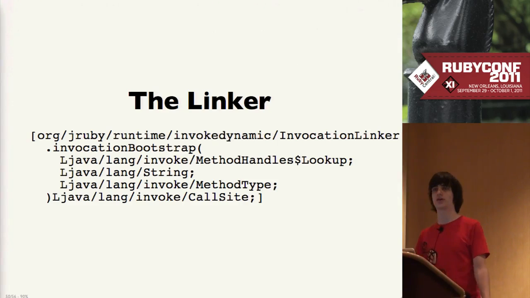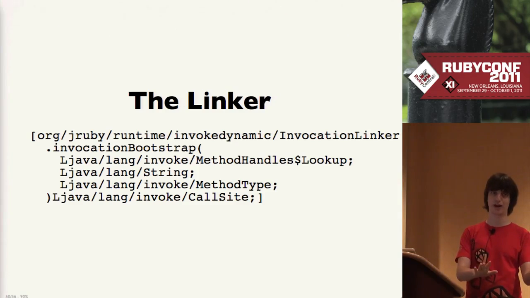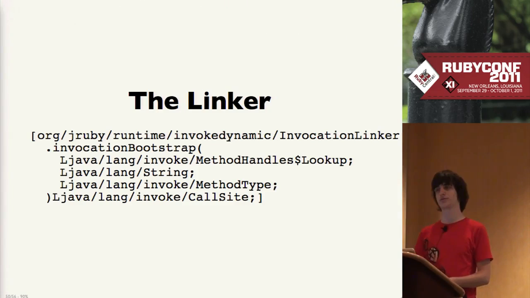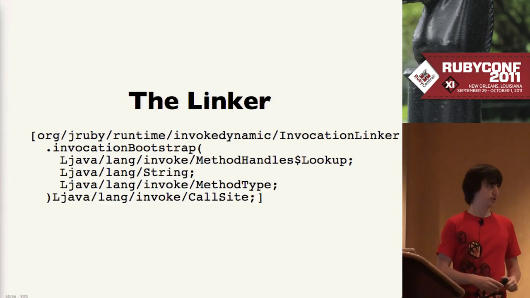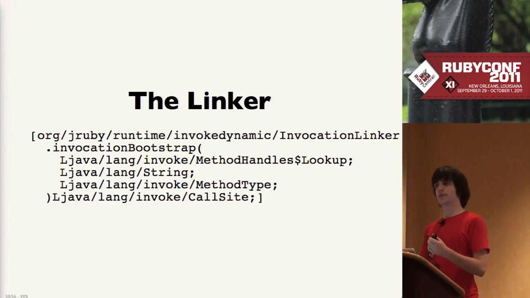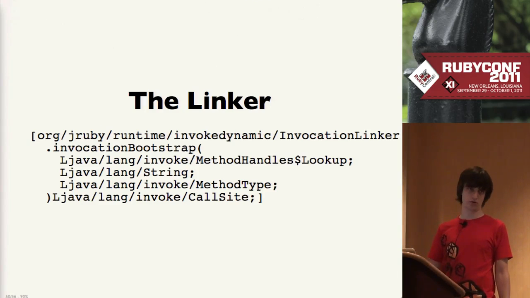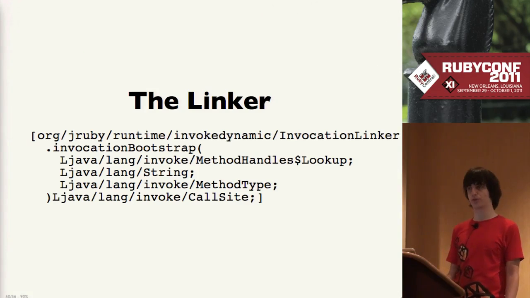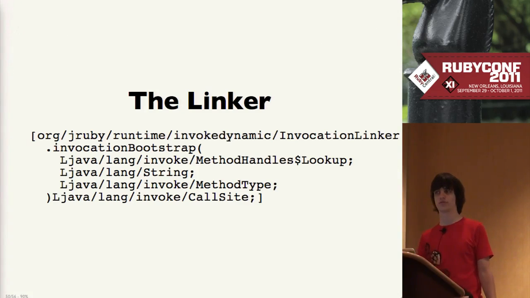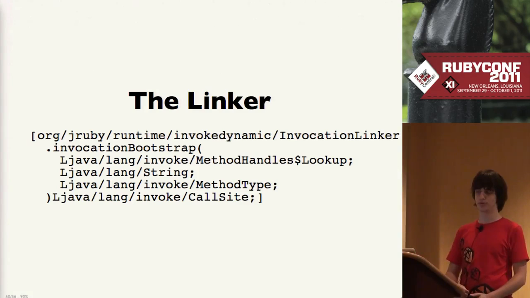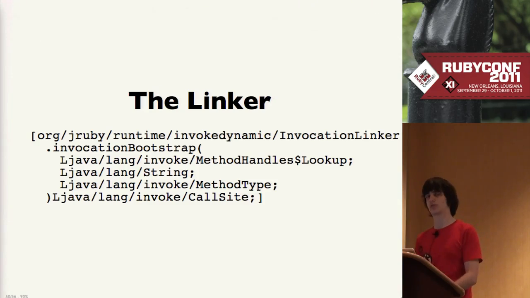It will be placed at that point in the bytecode. And how it's supposed to be used is: in the bootstrap, search for the method with your method lookup logic and place it there. And if that fails, or if a guard fails, you can place a guard in front of it, then please call the fallback method.